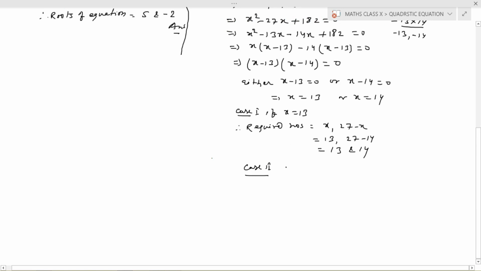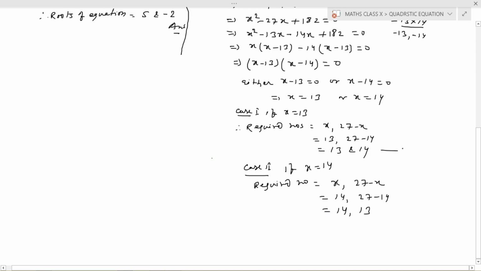In case 2, if we take x equal to 14, the required numbers are again x and 27 minus x. The second number is 27 minus 14, so this gives 14 and 13.